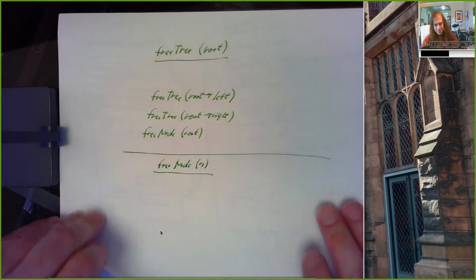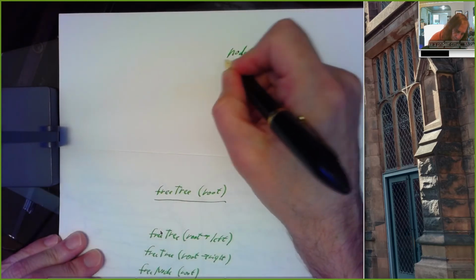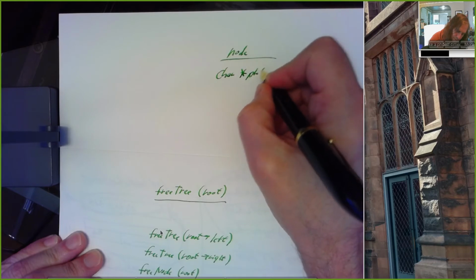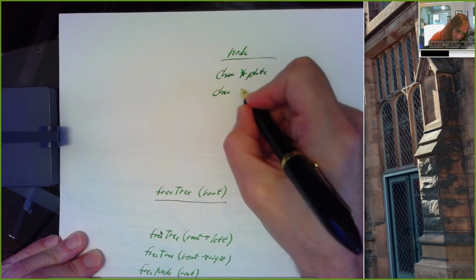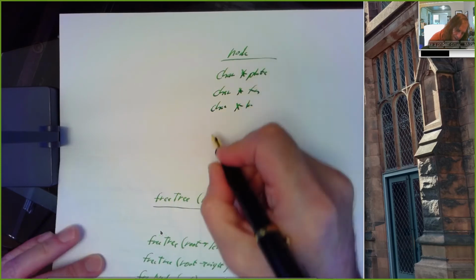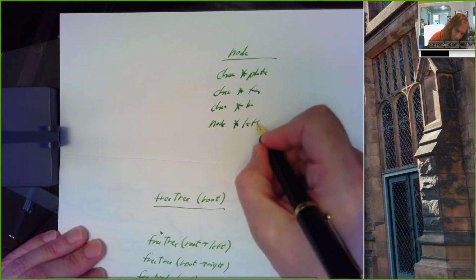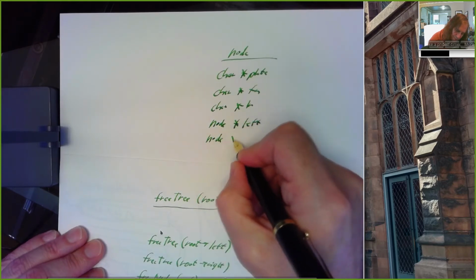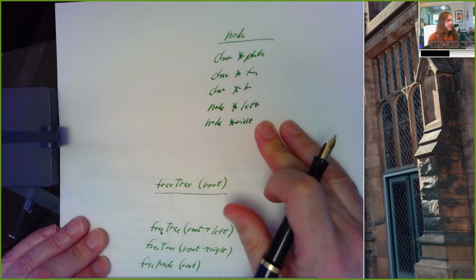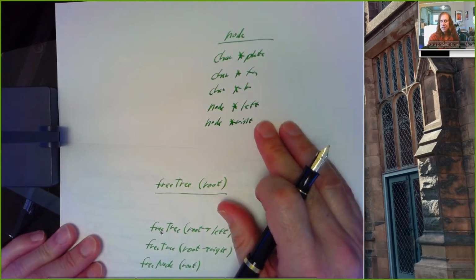And how do we free a root node? Well, what's a node look like? It's got a plate, it's got a first name, it's got a last name, it's got a left child, and it's got a right child. And all of these will have been dynamically allocated. And they were allocated when the node was created.